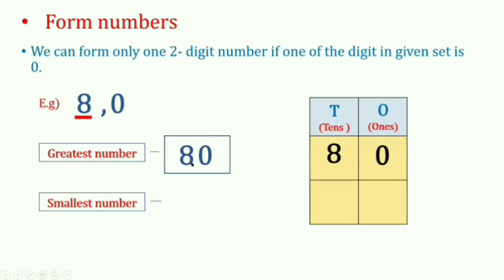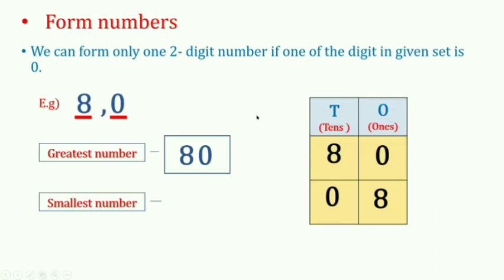Now let's find out the smallest number. For smallest number, I have to write down smaller number or smaller digit in tens place. So let's write down 0 in tens place. And what is remain? 8. So I will write down this 8 in ones place. Here I got 0 tens means nothing. So I have only 8 ones with me.